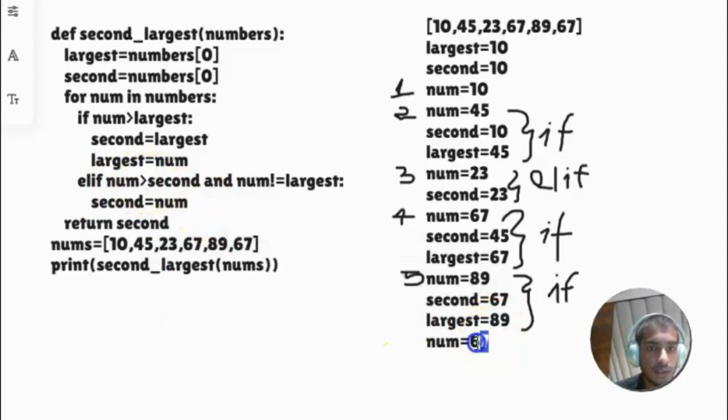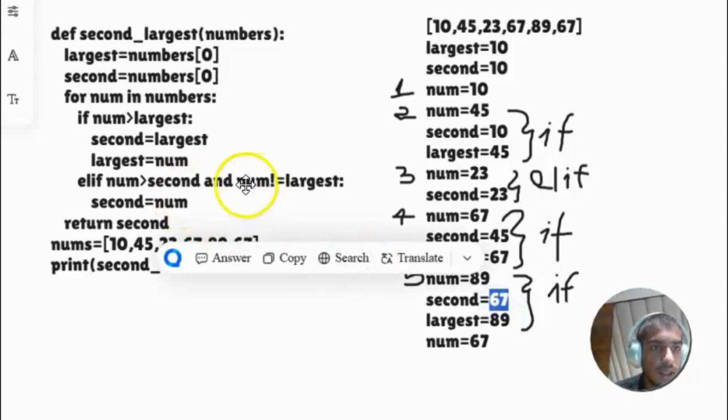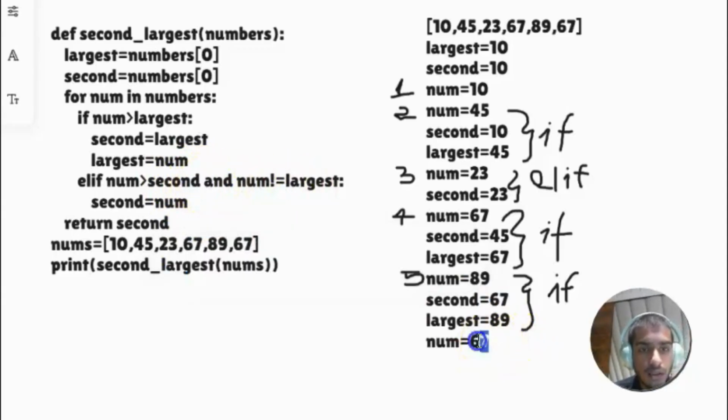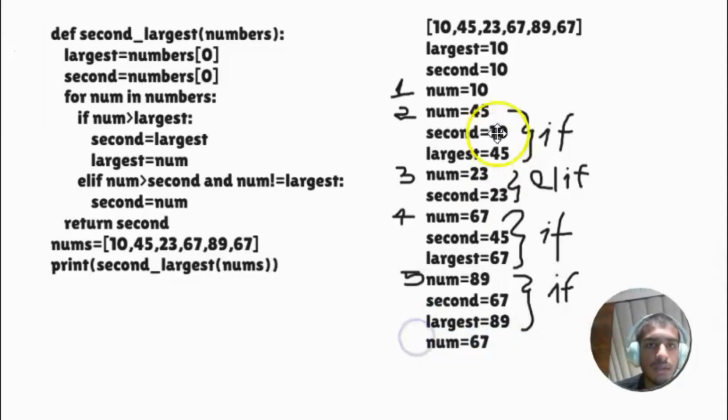In the elif statement, 67 is compared with the second value, that is also 67. The condition is false here, so there is no use of num 67. There is no use of the sixth iteration.